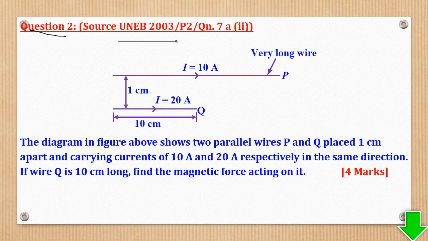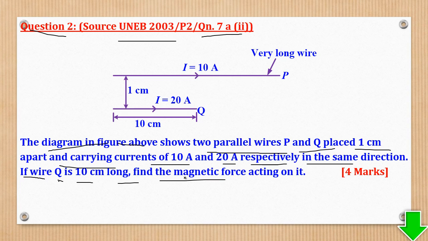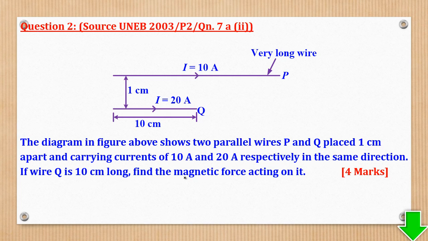Then question 2 came from UNEB 2003, paper 2, question 7a, Roman 2, and says, the diagram in the figure above shows two parallel wires, P and Q, placed 1 centimeter apart, and carrying currents of 10 ampere and 20 ampere respectively in the same direction. If wire Q is 10 centimeters long, find the magnetic force acting on it. So here, after getting the force per meter, we can multiply by L to get the force acting.